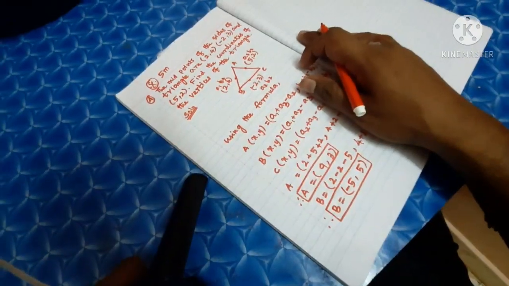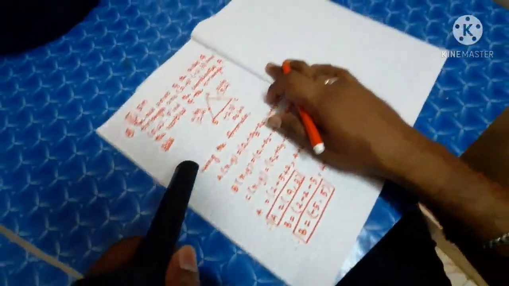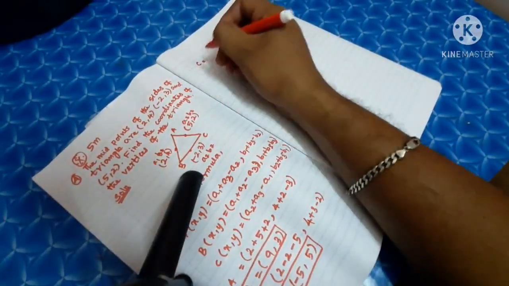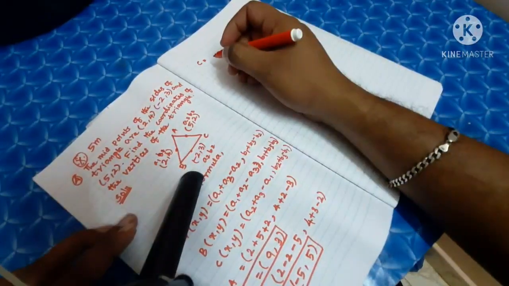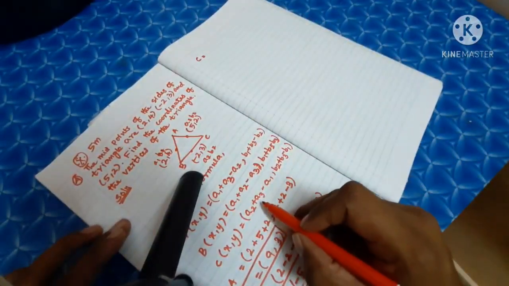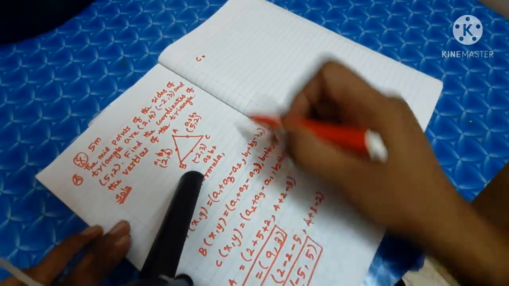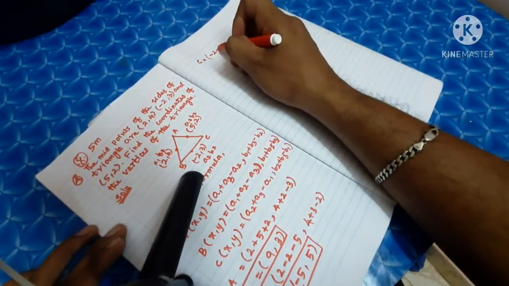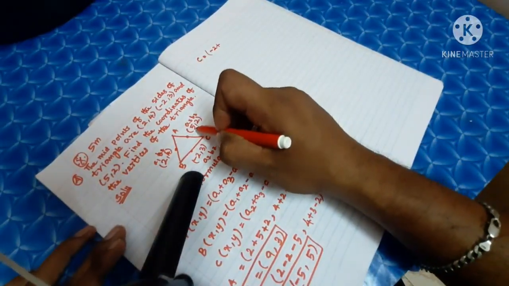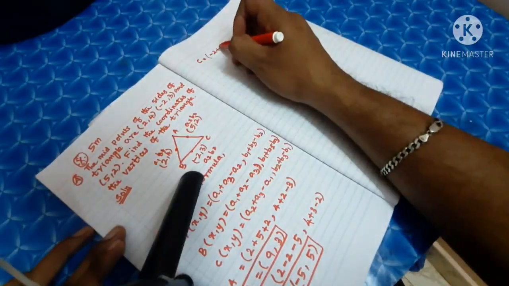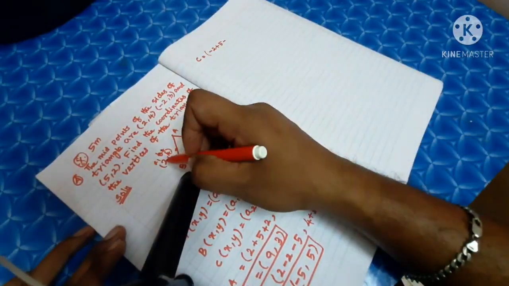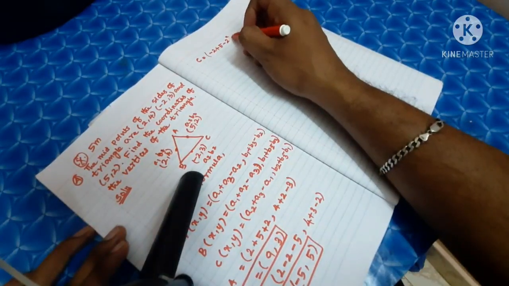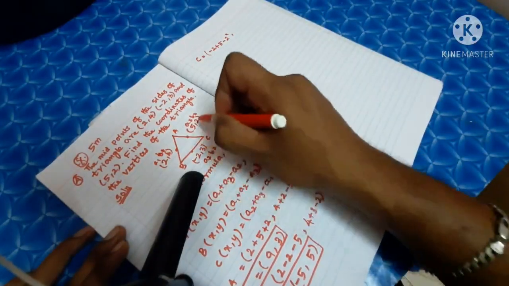And point C, the formula is A2 plus A3 minus A1. A2 is minus 2 plus A3 is 5, minus A1 is 2, comma B2 plus B3 minus B1.